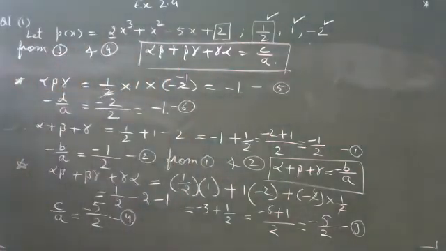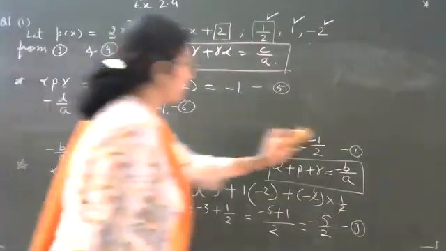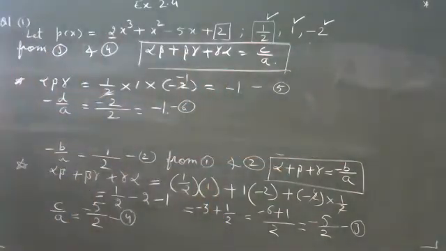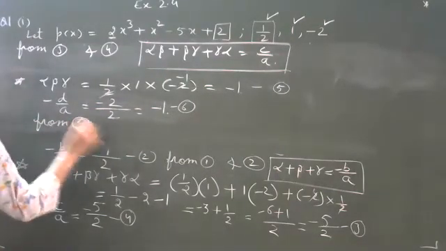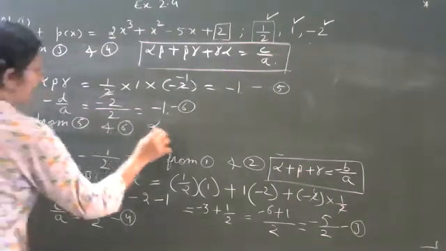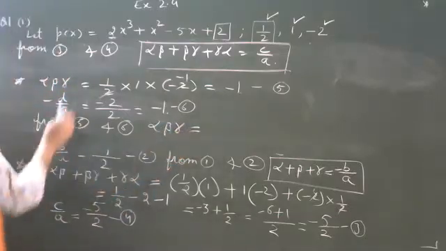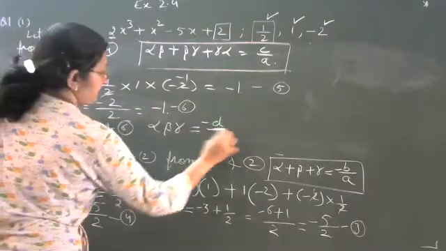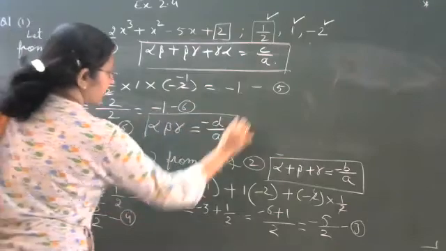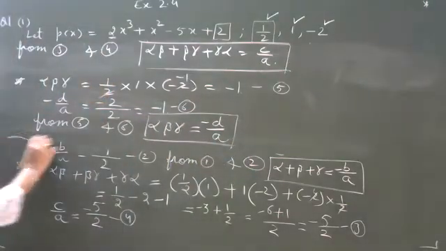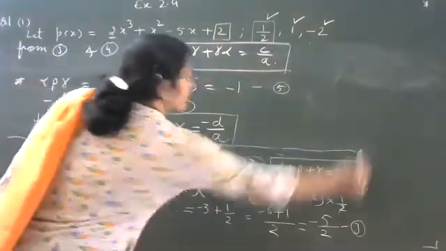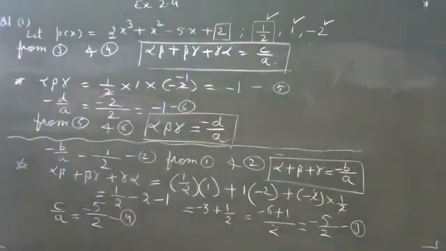From 5 and 6, we can say product of zeros कितनी हो गई? Alpha beta gamma is equal to minus d over a. It is the third relation. अगर आपके पास quadratic polynomial है, then 2 relations, cubic में 3 relations और linear में 1 relation.